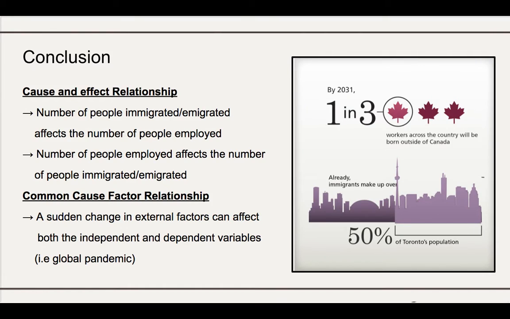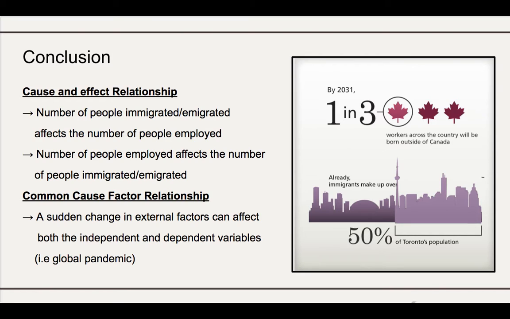I have come to the conclusion that the relationship between the number of people who immigrate or emigrate to Canada and the number of people employed in Canada show both a cause and effect relationship and a common cause factor relationship.